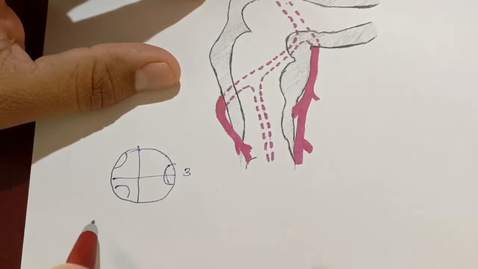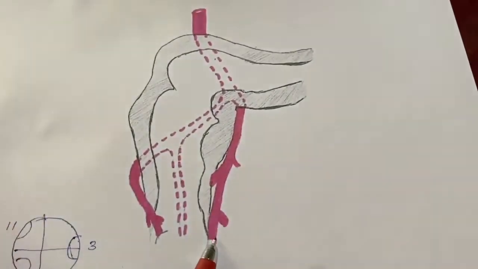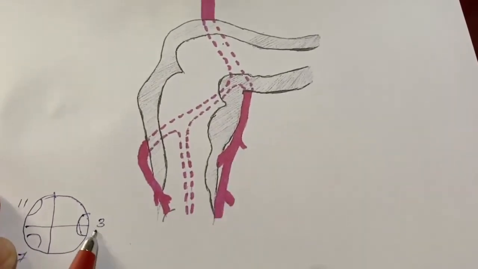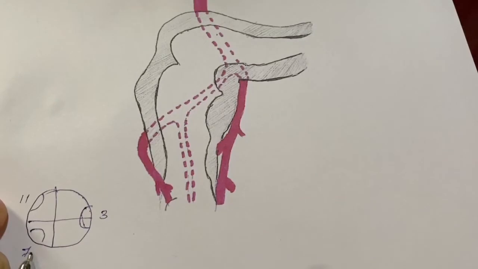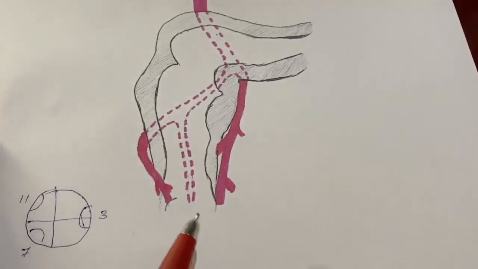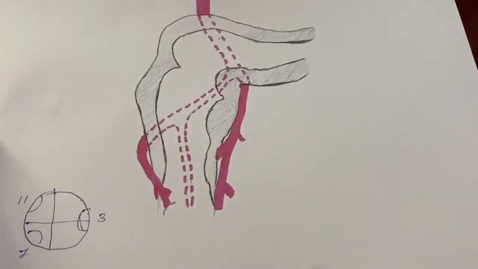That is 3 o'clock, 7 o'clock and 11 o'clock: lateral at 3 o'clock, right anterior at 11 o'clock, right posterior at 7 o'clock. This is because of the corresponding venous drainage of this plexus, which leads to hemorrhoids at 3, 7 and 11.